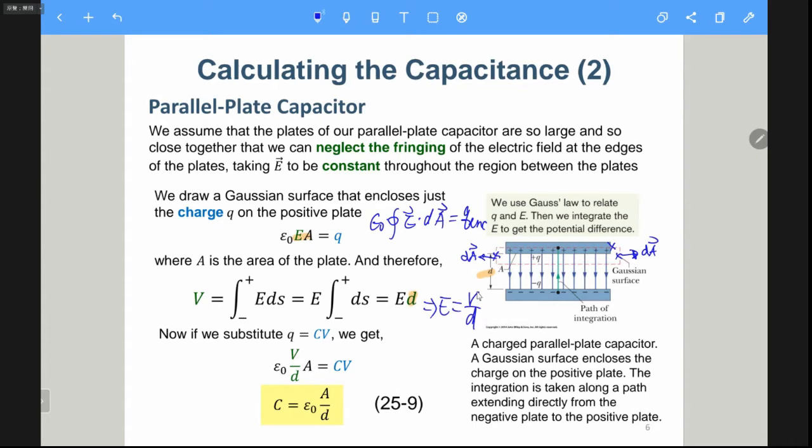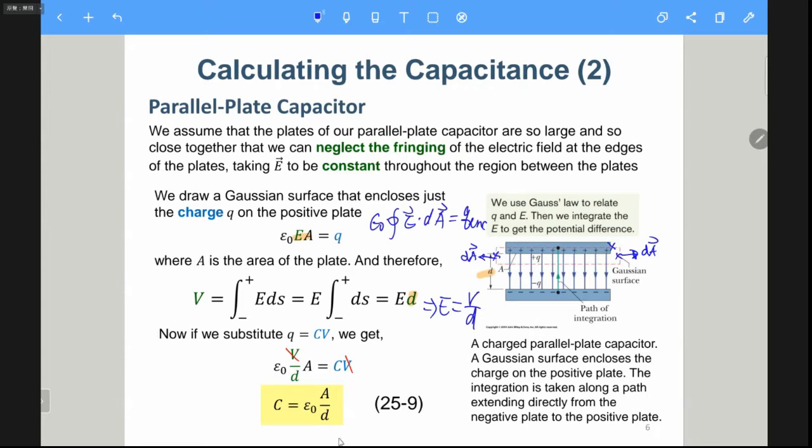We put this here, so we have V over d, and we find that V and V can be cancelled, which means C equals epsilon naught A over d.